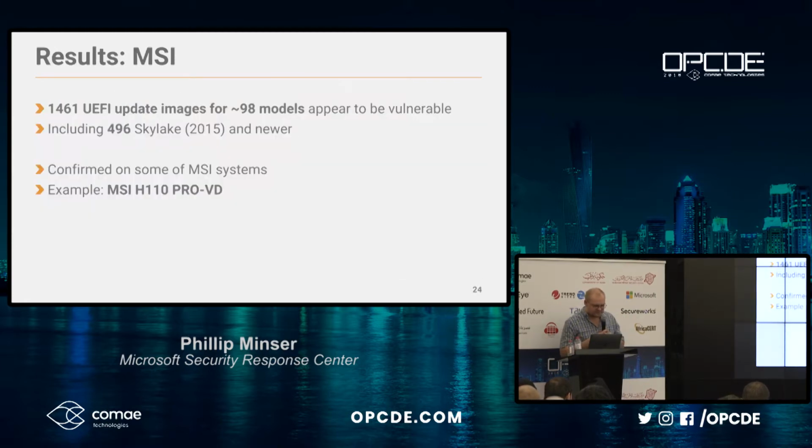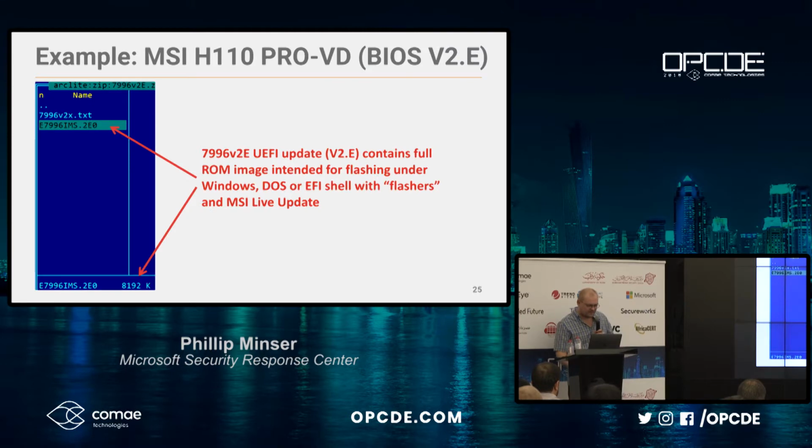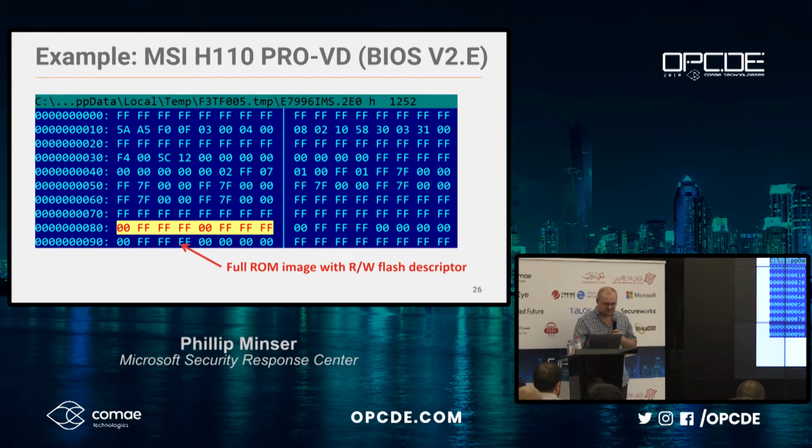So let's go over some of the examples. MSI: almost all of the systems are vulnerable. We verified this on one example system. This is how we manually check it. We check the image, the characteristics of the flash descriptor, as I already mentioned. You can check it manually or over chipsec.